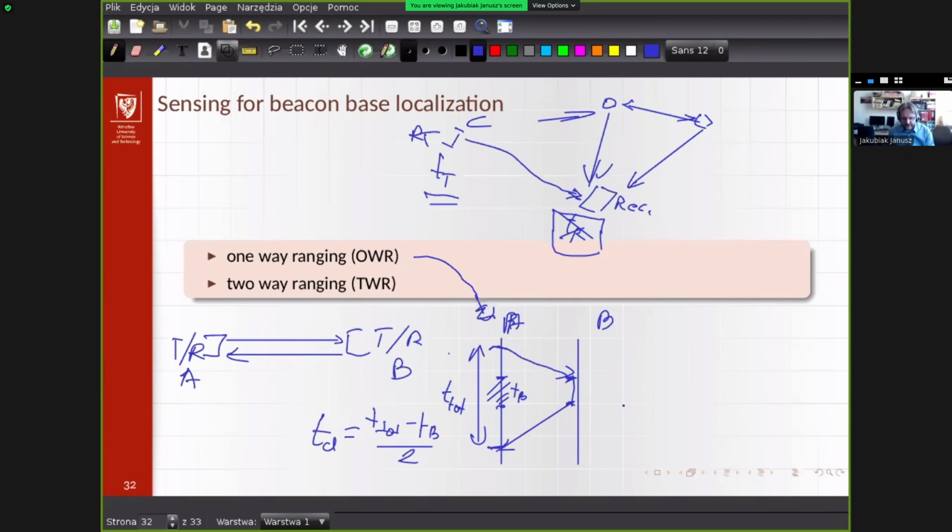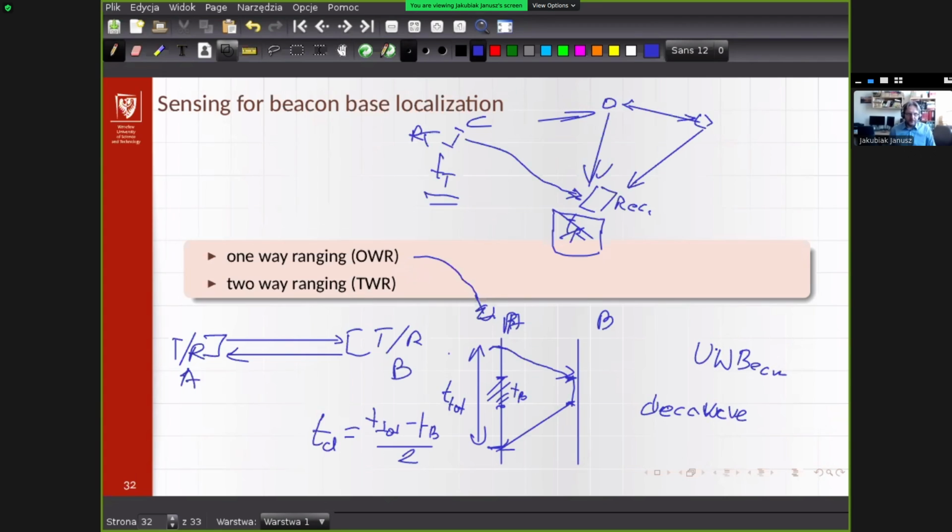So there are also such solutions, and in fact, if some of you are interested, quite popular recently is the Decawave system, small modules that you can use for exactly that purpose, using this method, using radio waves in so-called ultra-wide band.